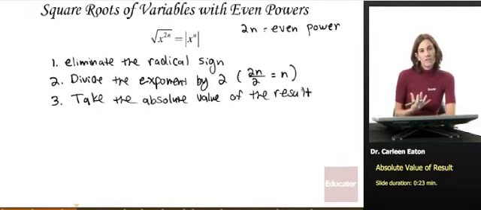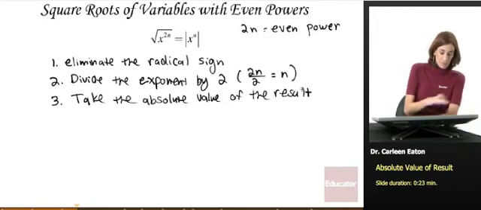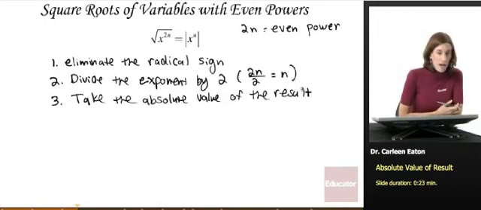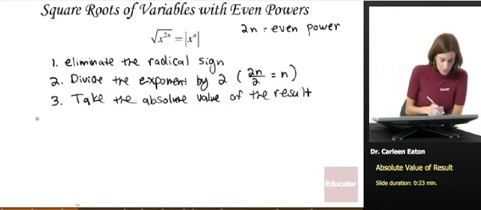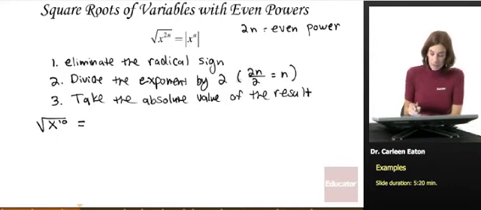Now, you have to think carefully about why this would be. First, let's just do an example to show how this works, and then talk about why you even need to use absolute value. If you have the radical of x to the 10th power, and you want the square root of that, I would eliminate the radical sign and divide the exponent by 2.